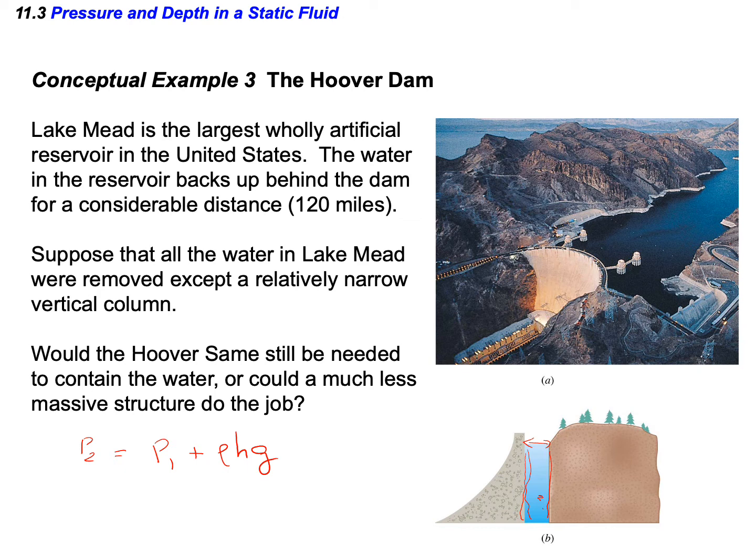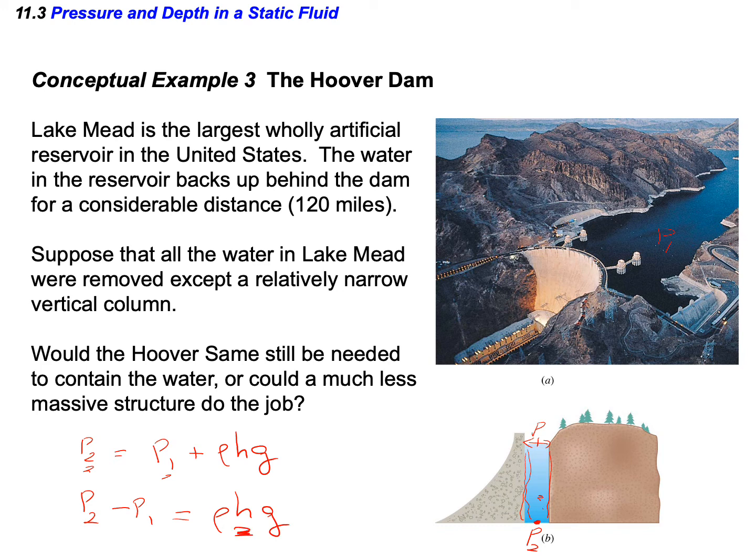So from this equation, we see the pressure on the bottom of this small water strip compared to the pressure on top is the same as the pressure on top of this reservoir and the pressure on the bottom, because this equation is only related to the pressure difference P2 minus P1, density, height, and gravity.